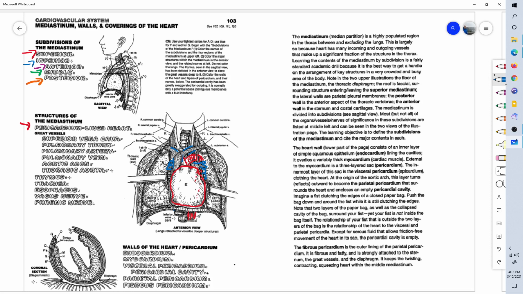Another look at the inferior vena cava. We see the trachea, and behind it, the esophagus, superior mediastinum. Esophagus, trachea. We saw the thymus up here, anterior mediastinum.